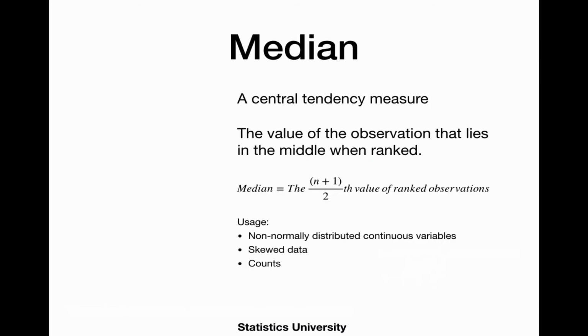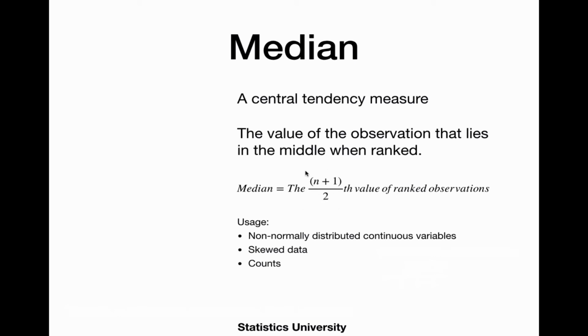Now, the median is a lot simpler. It's a central tendency measure for non-normally distributed data. And it's actually the observation that lies in the middle of all the observations when we rank them by order. And mathematically, you can say it's the n plus 1 divided by 2 value of the ranked observations.